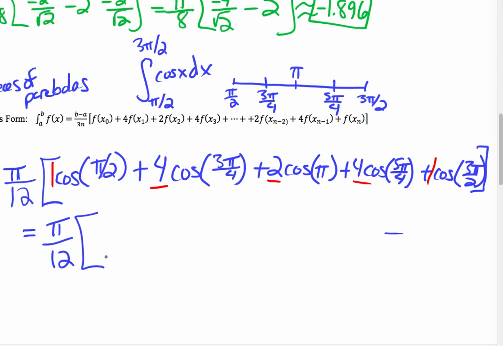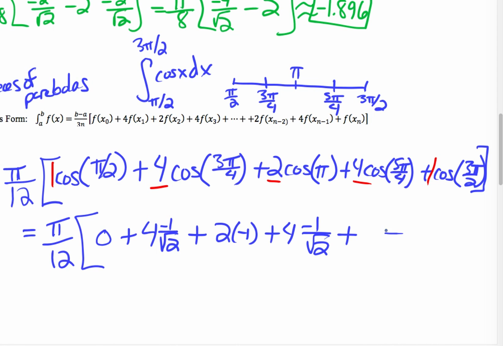So cosine of pi over 2 from a second ago turns out to be 0. Then we had 4, and if you remember, cosine of 3 pi over 4 was negative 1 over the square root of 2. Cosine of pi is, of course, negative 1. Cosine of 5 pi over 4 is negative 1 over the square root of 2. And the cosine of 3 pi over 2 is 0.